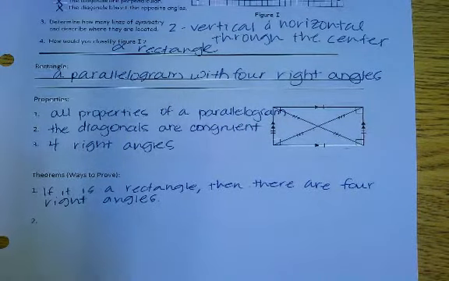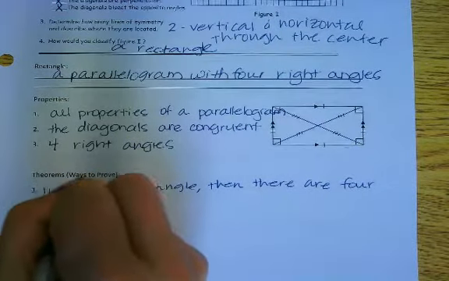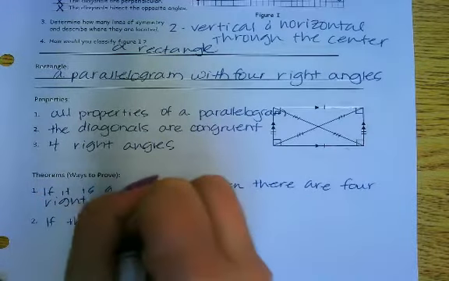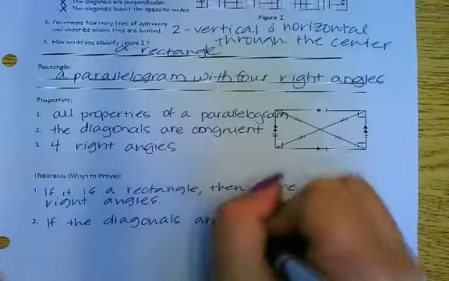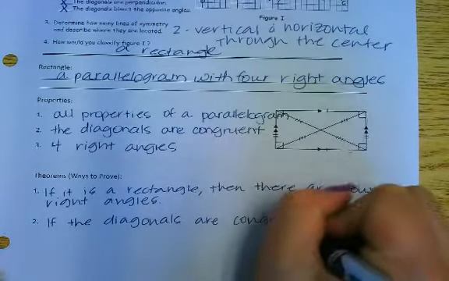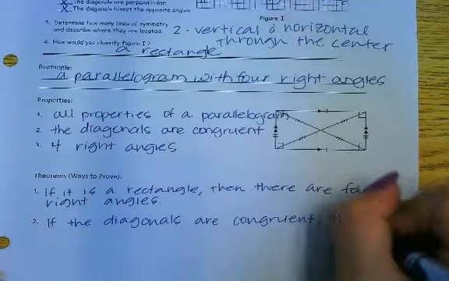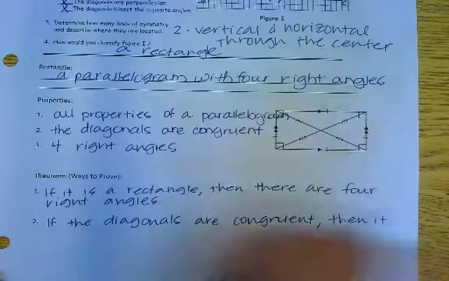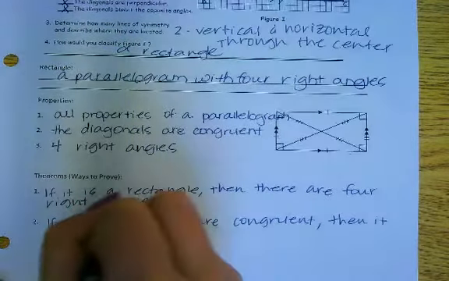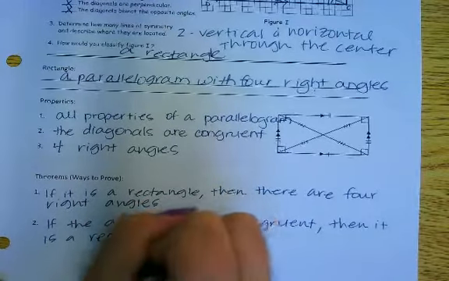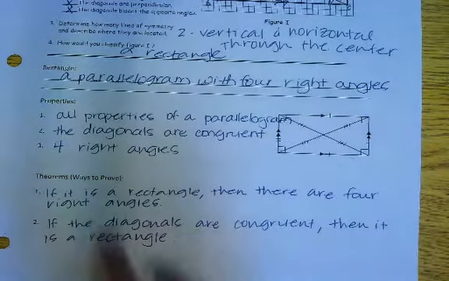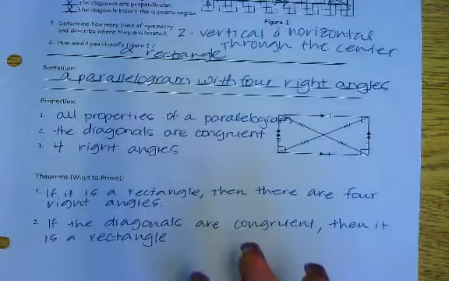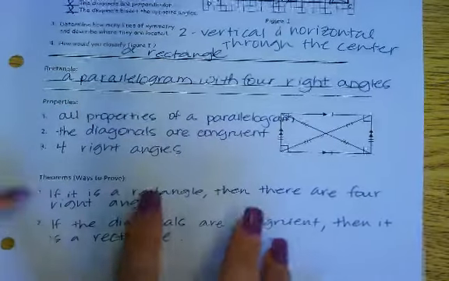And then the other way is if the diagonals are congruent, then it is a rectangle. If you cannot prove either of those 2 things, then it's just what? A parallelogram. So you have to take it a step further in order to prove it's a rectangle by proving one of these 2 things.